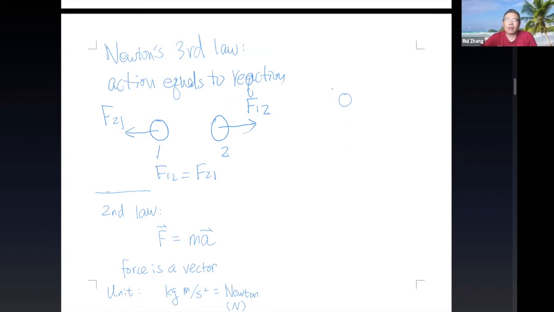So in order to use this formula, normally there's more than one force on the object, and they normally go in different directions, okay? So what we need to do first, before we start to use this second law, is to know what forces we have.